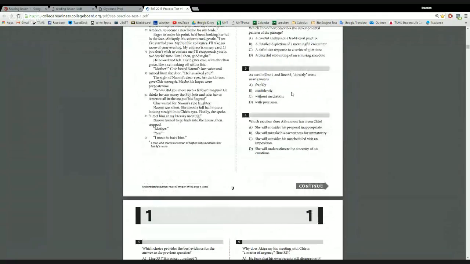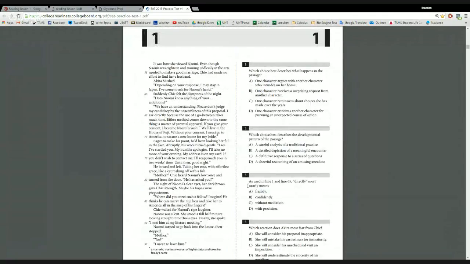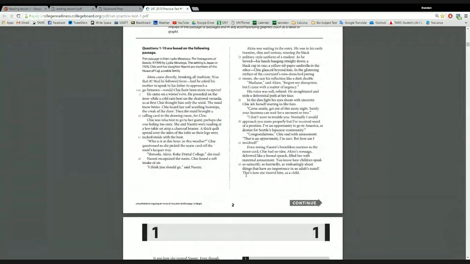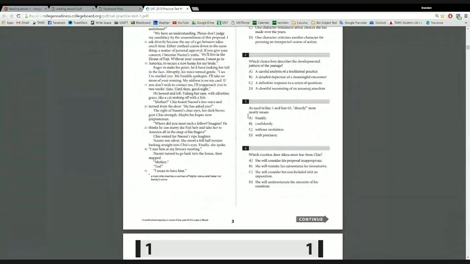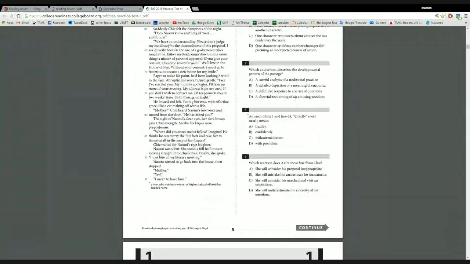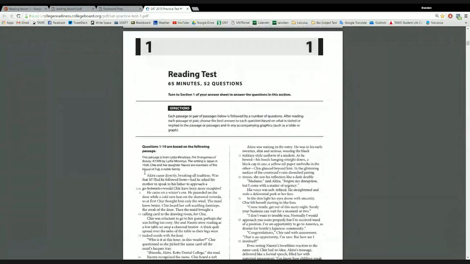But once you have identified the ones that are line-based, you want to go ahead and go to the passage and plot them. So, for example, question 3 says, as in line 1. So we directly mark line 1 with question number 3.